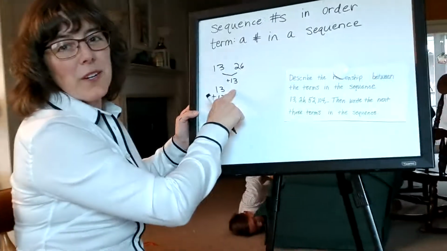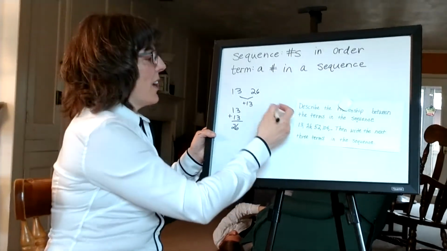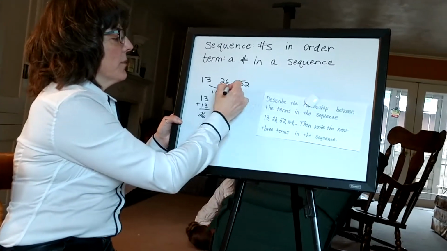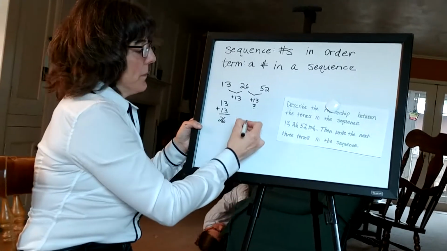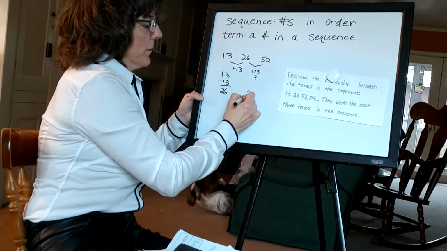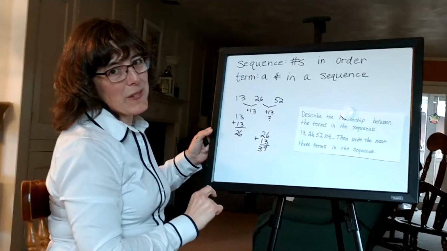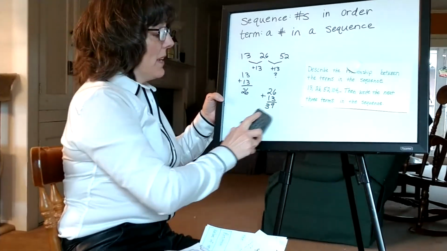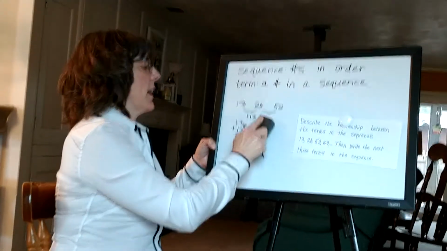But this has to work for every term in the sequence. So let's test the next step. To get from 26 to 52, does 13 work? No, it's only 39. So adding 13 is not going to be our function rule for how to get from one term to the next.